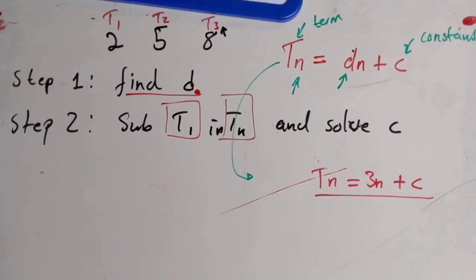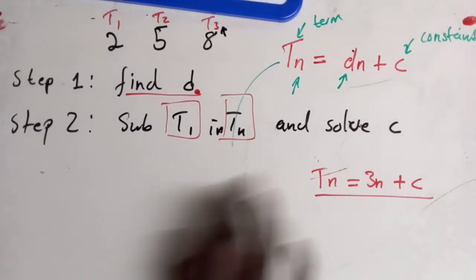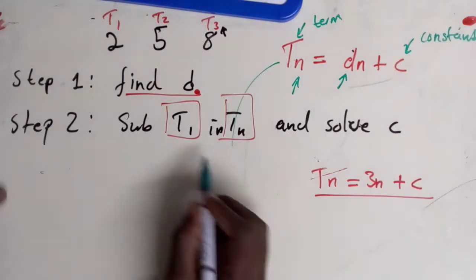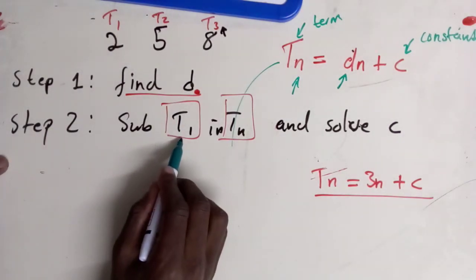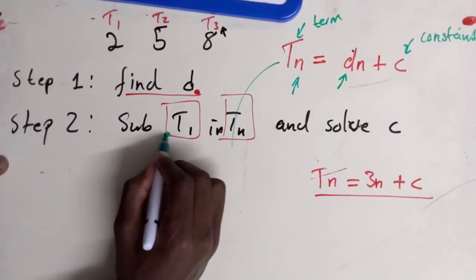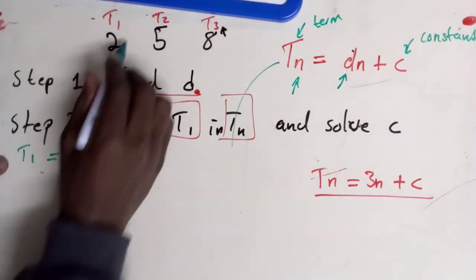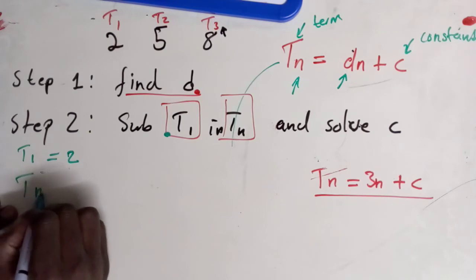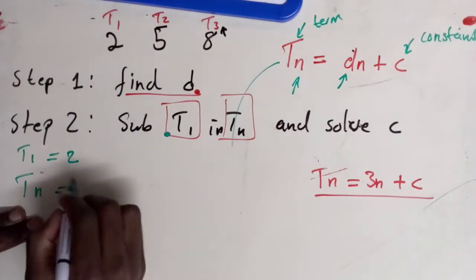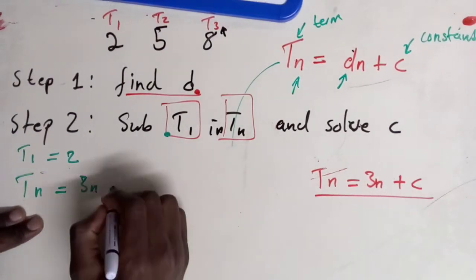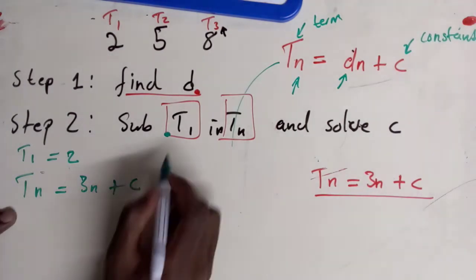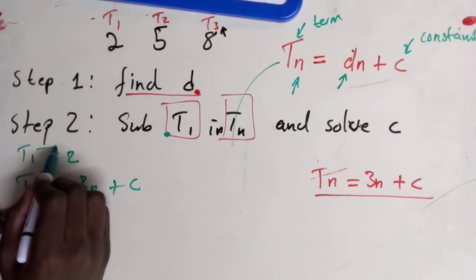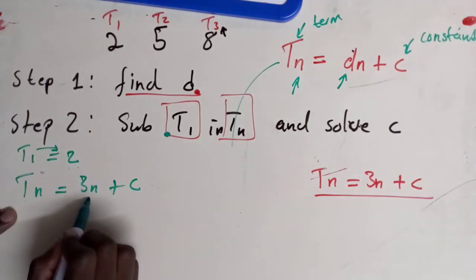They're saying we substitute first. What is T1? T1 is actually 2. What is Tn? Tn is equal to 3n plus c. They're saying take this T1 and substitute it in here.